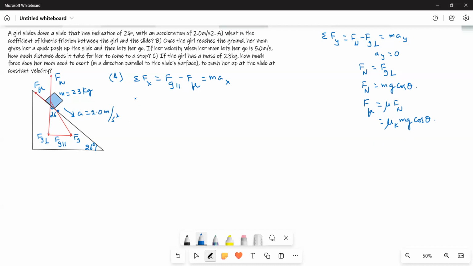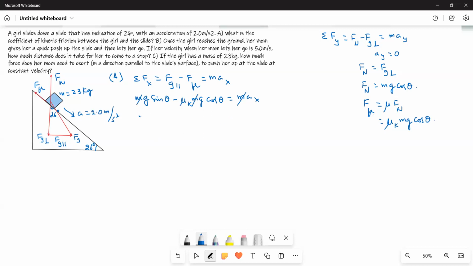Therefore, mg sine theta minus mu k mg cos theta is equal to m ax. Okay, mass goes off, and I'm left with this one.